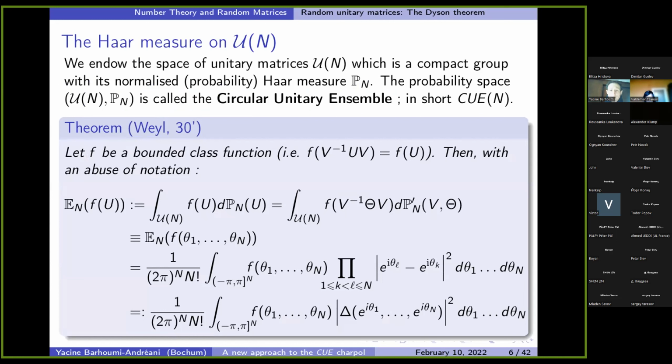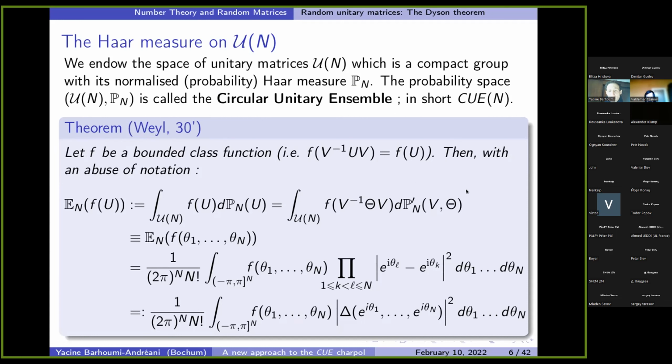And the way you compute is you use this theorem of Weyl in the 30s. If you want to compute a functional which is invariant by conjugacy, so a class function which is integrable, you do a disintegration of the measure with respect to the map of diagonalization.